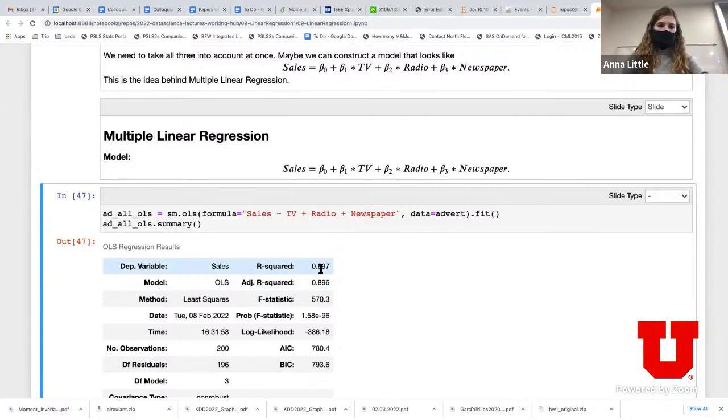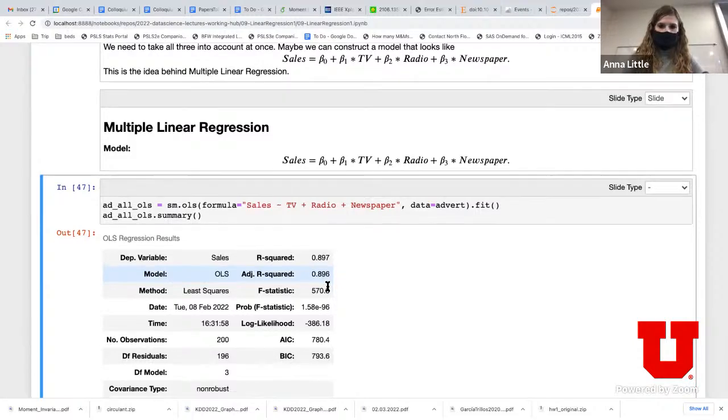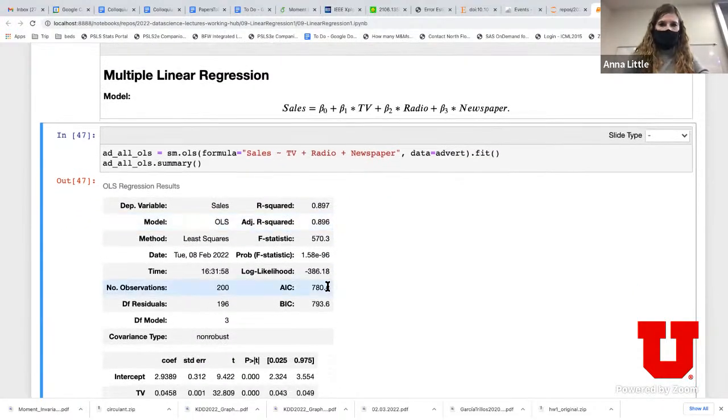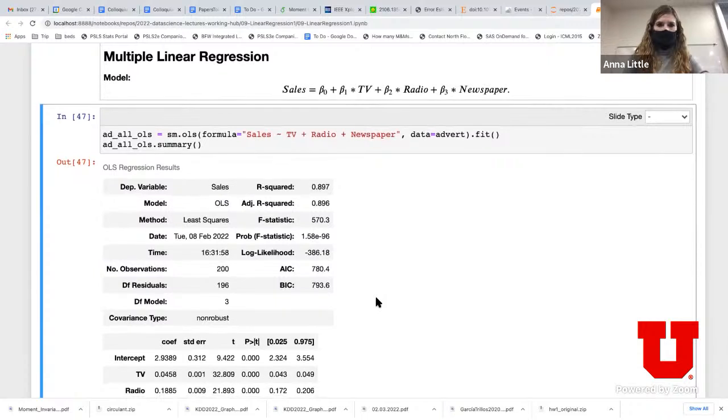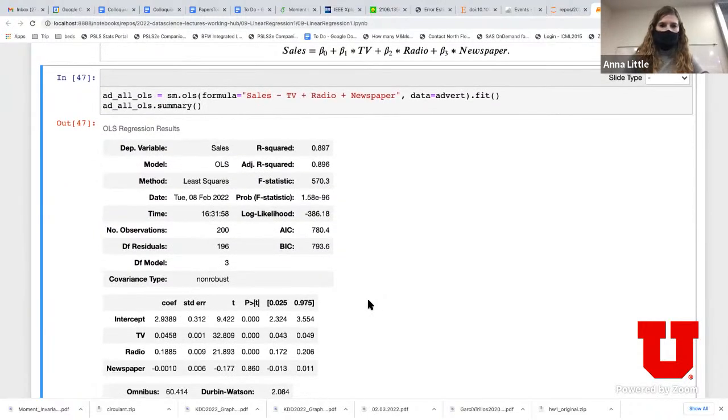So here we see the R squared value increase to about 90%. Okay, and then again, when we're looking at this output, we still have p-values associated with each of these coefficients.